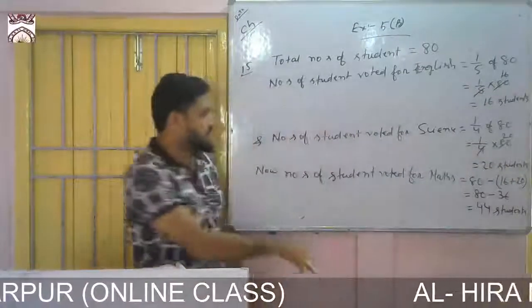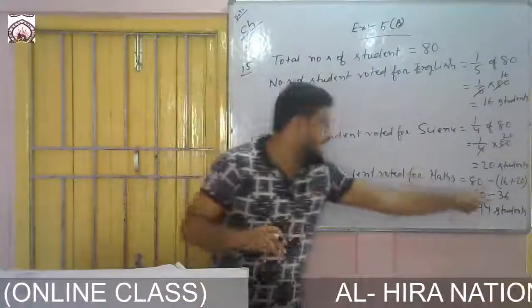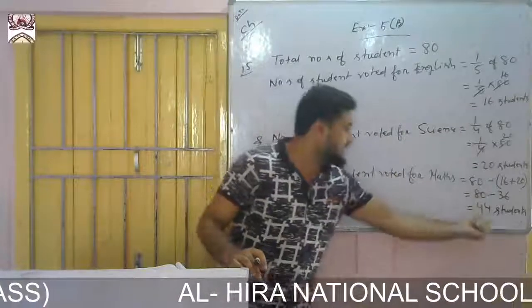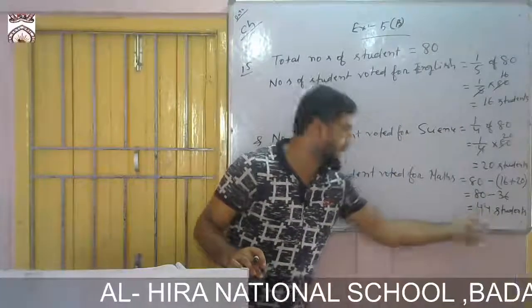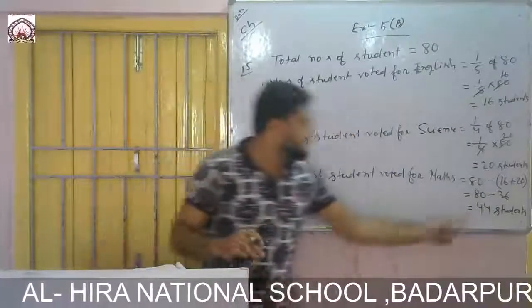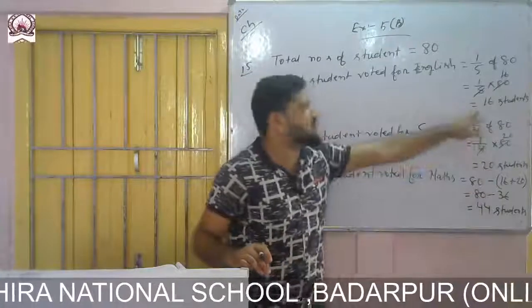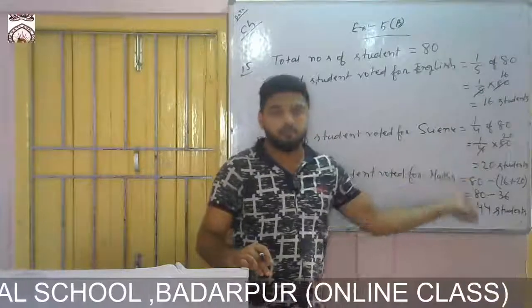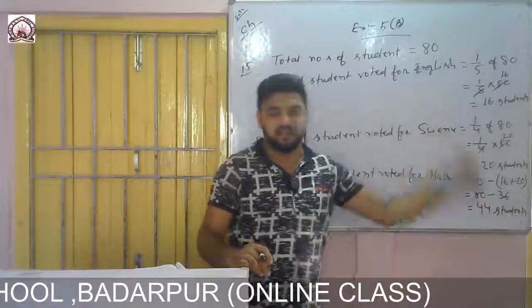So from the total number, I subtracted the number of students who voted for English and science, so I get the number of students who voted for maths. Now how many more? Maths got 44 and English got 16. If I subtract, then I shall get how many more votes maths got than English.